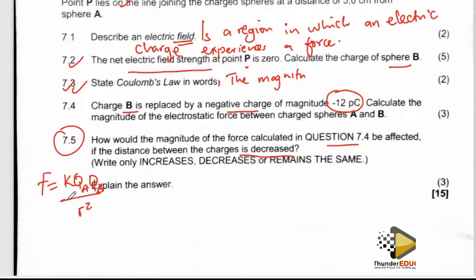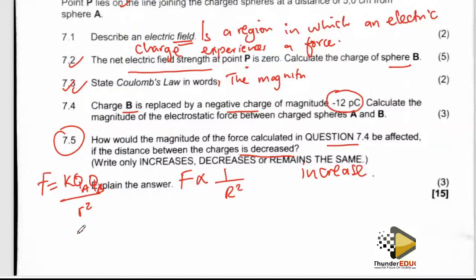Now, regardless of whether the r is squared or it's just a plain r, we're seeing that F is inversely proportional to r squared, which means when you decrease r, or the distance between, the F must increase. And when you increase the r, the force must become weak or small. So the answer to this is going to be increase.